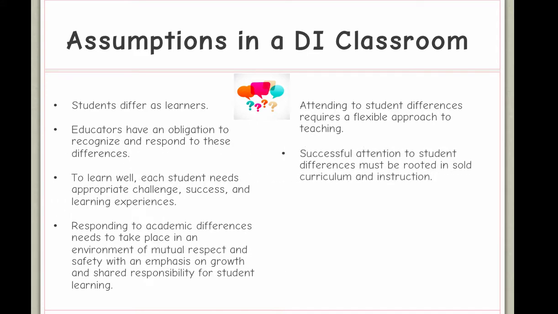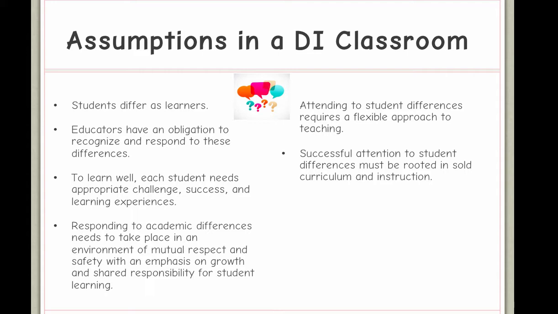Successful attention to student differences must be rooted in solid curriculum and instruction. So a good differentiated classroom is not fluff. It's not making it all fun and engaging. That's good. I believe in that. That's a good piece of it.